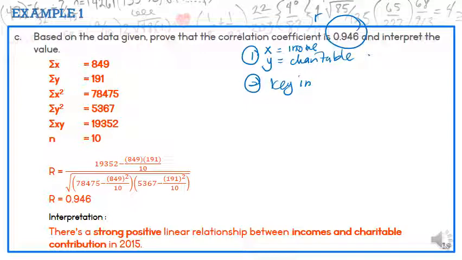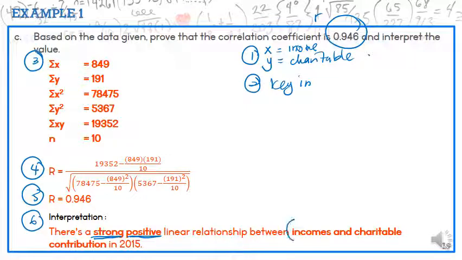Step 3, you must list all the summation dalam your answer paper, substitute dalam formula, and find the value of R. Last but not least, don't forget to interpret your R. Please make sure that dalam your interpretation, you have the strength of the relationship, the direction of the relationship, whether it's a positive or negative relationship, and between variable apa dengan variable apa. So, there is a strong. Kenapa kita kata strong? Because the magnitude of R is 0.946.